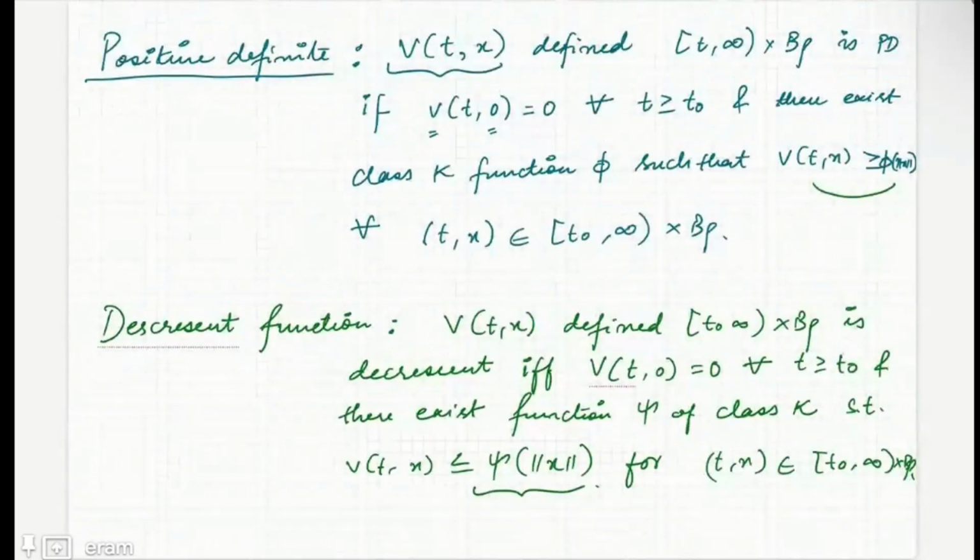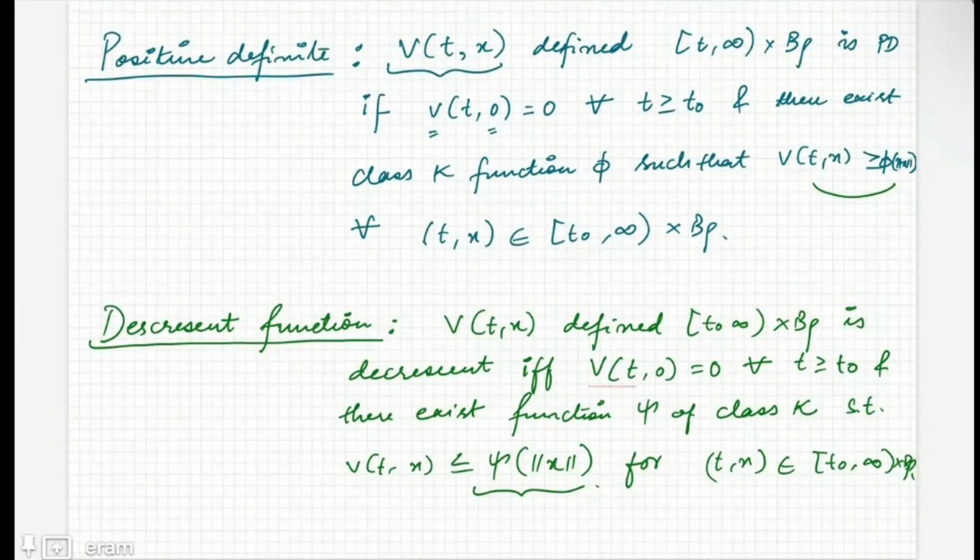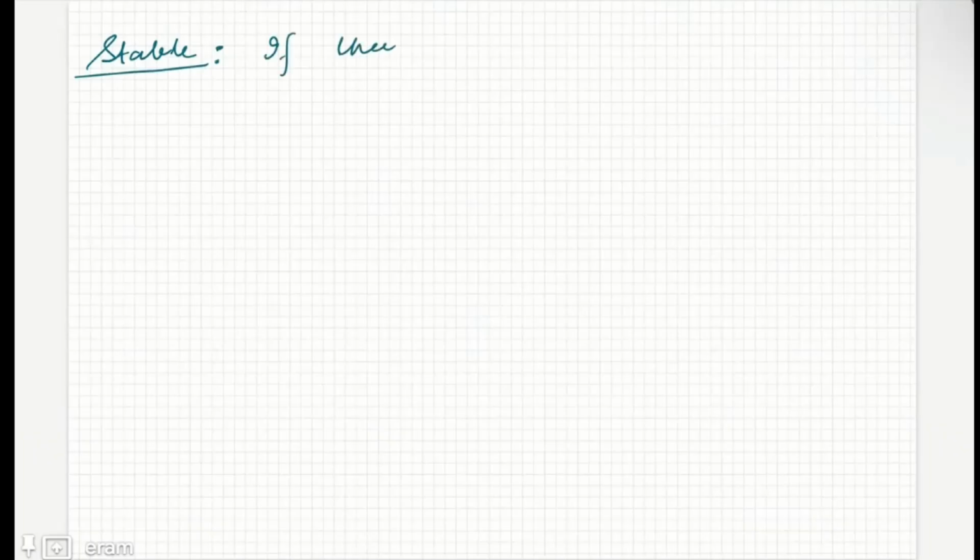So now we have these supporting functions. Using these we can define the theorem for stability using Lyapunov functions. Here we are considering a nonlinear time varying system of the form x dot equals f of t comma x.